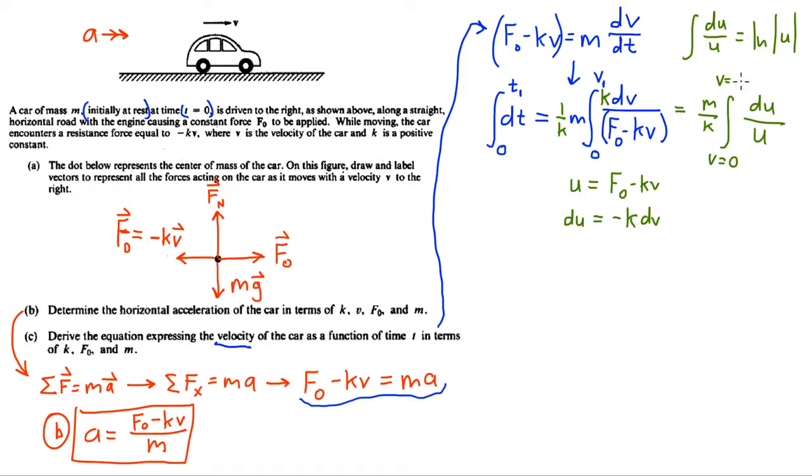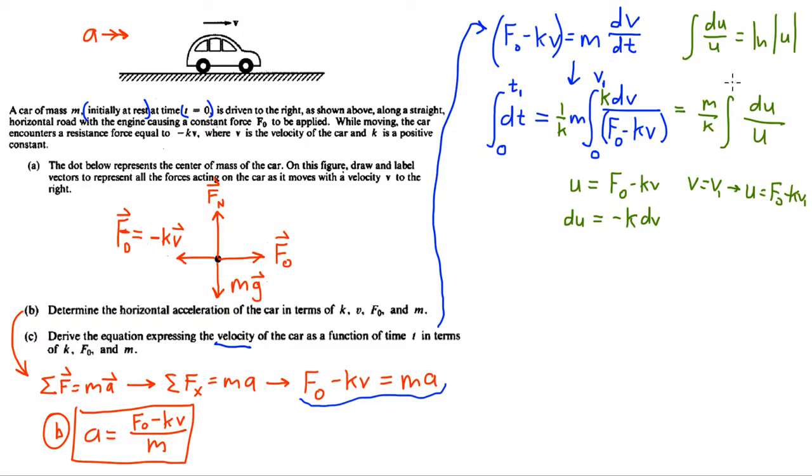If you want to do it that way, you have to go through the integral, get your result in terms of u, and then convert it right back. And if you want to do that, that's okay. The other way to do it is to convert your bounds into terms of u. So when I had v equals v1 for my upper bound, that means u equals f naught minus kv1.